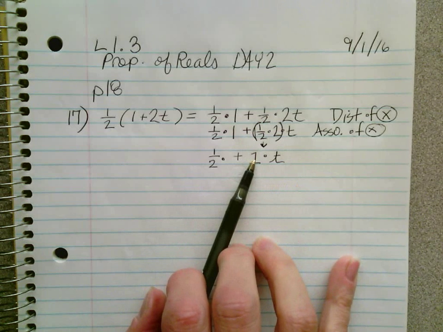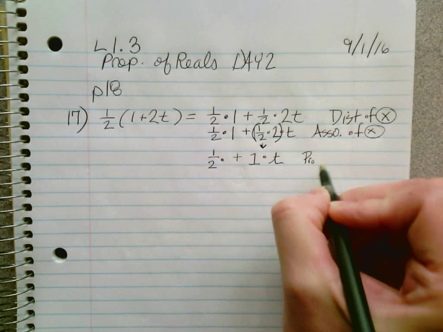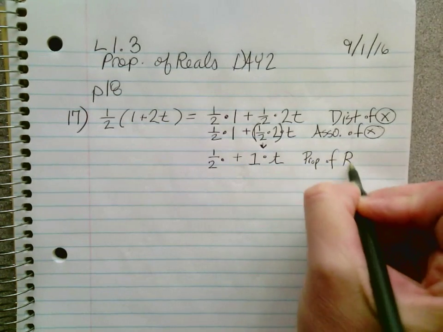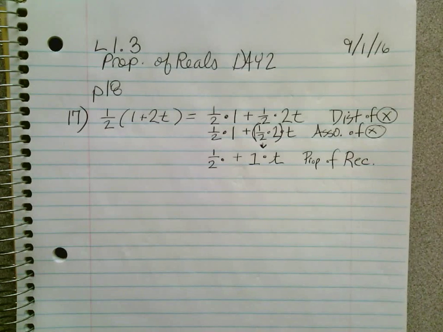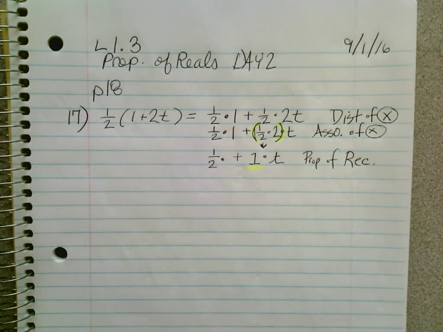What is it? Reciprocal. Yep. This is going to be the property of reciprocals. The property of reciprocals states that any number multiplied by its reciprocal gives us a 1. So we have that now in place, and we're moving on to our last stage of this adventure.